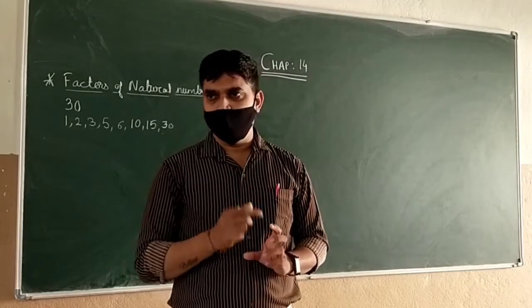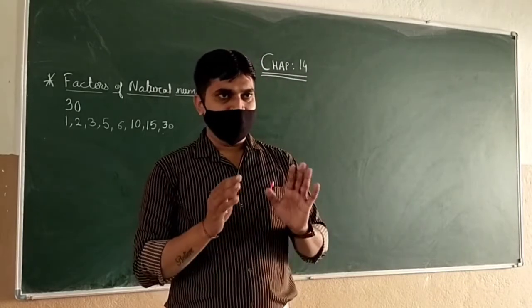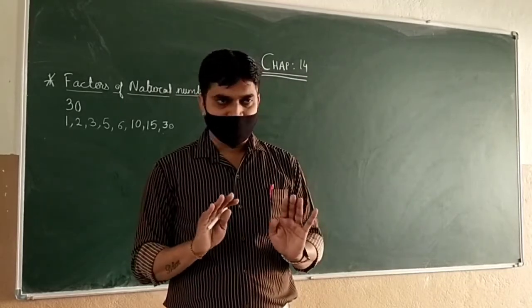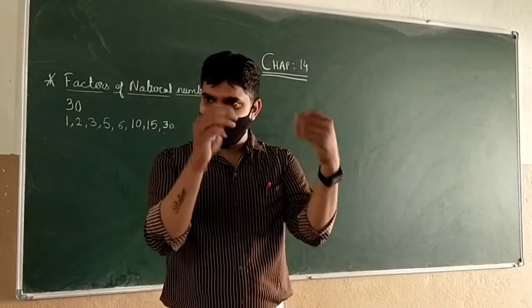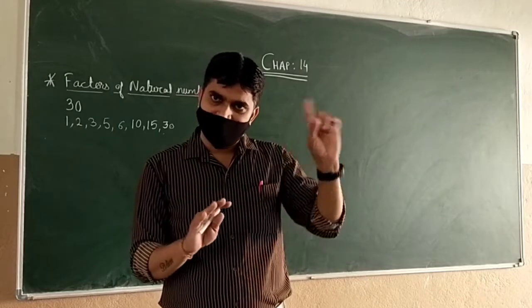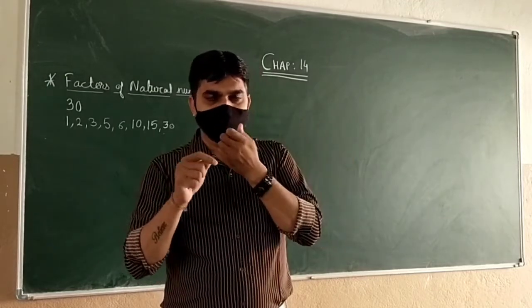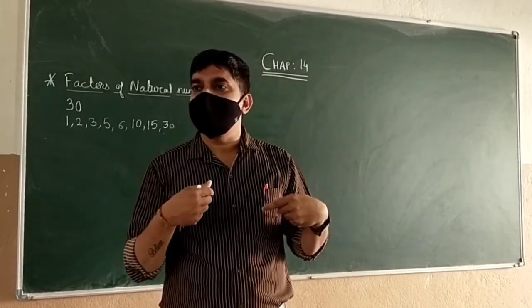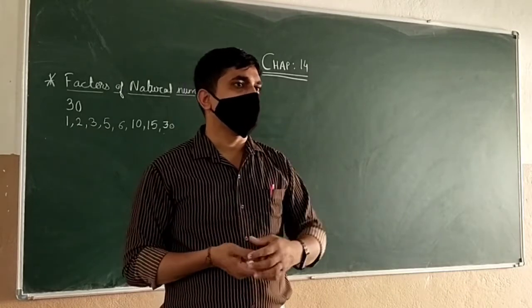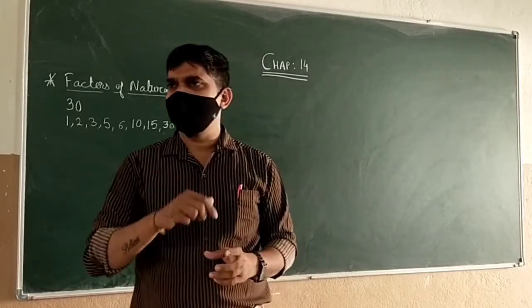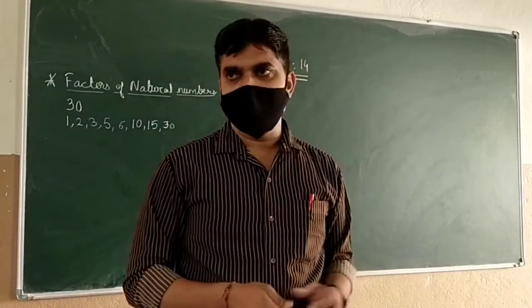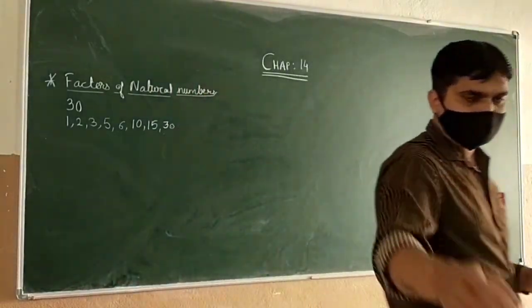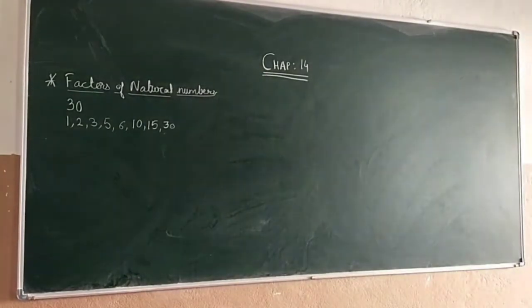For example, 2 will come in its own table only, no other table. In one's table, everyone will come. So we will not consider 1, but the number which comes in its own table only is known as a prime number. Yes, 3 is a prime number.